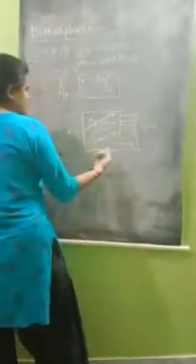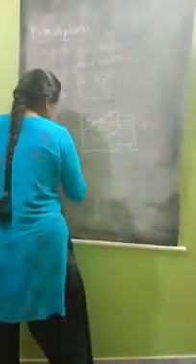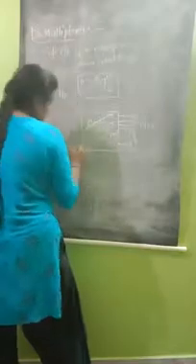So this is the block diagram, with the input and also an enable.